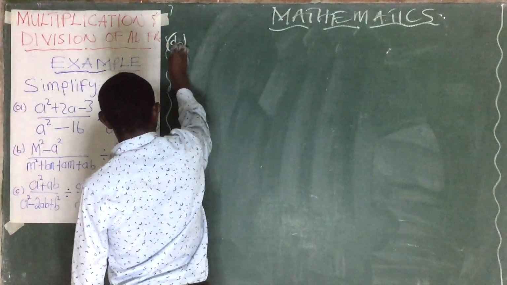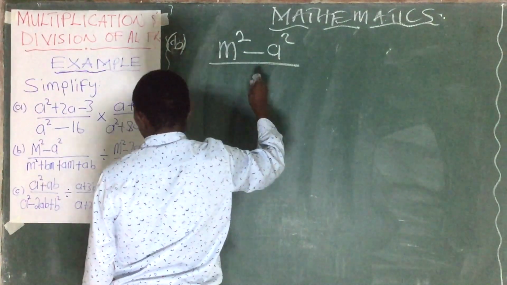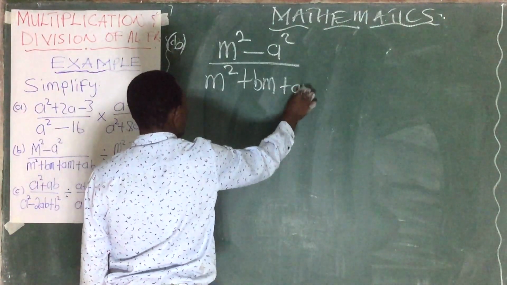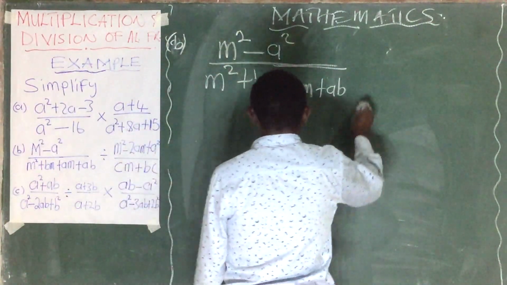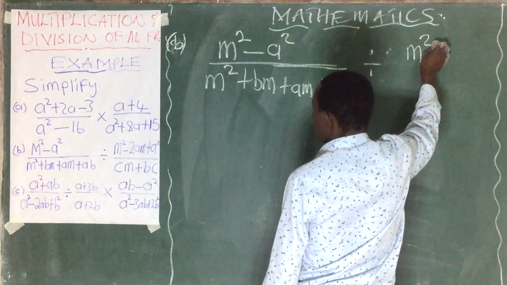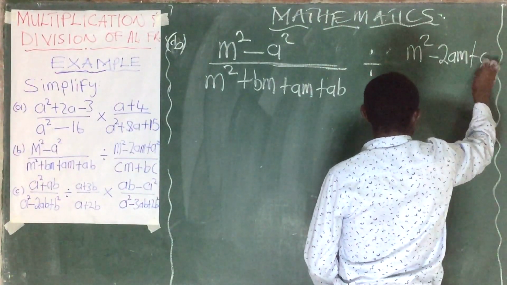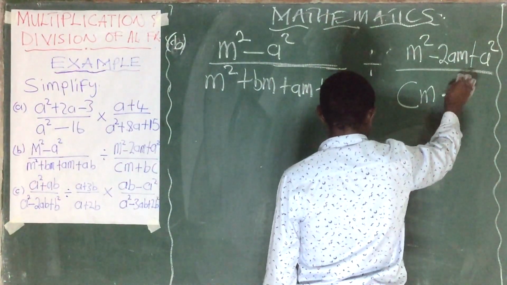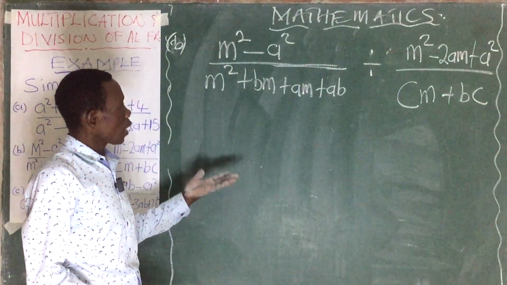Here is B: we have m squared minus a squared over m squared plus bm plus am plus ab, divided by m squared minus 2am plus a squared over cm plus bc. So I have this situation here.